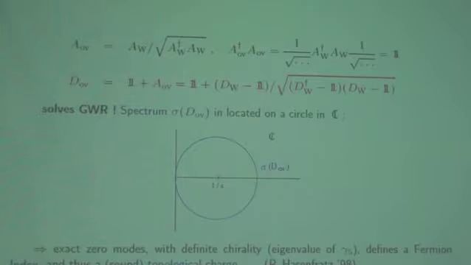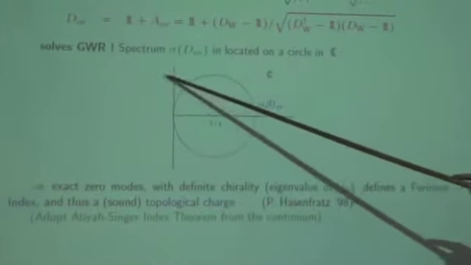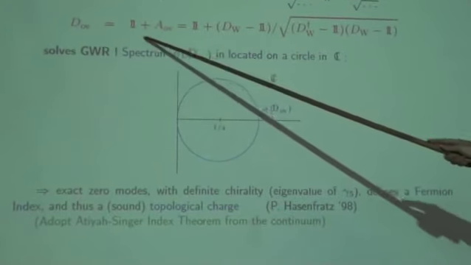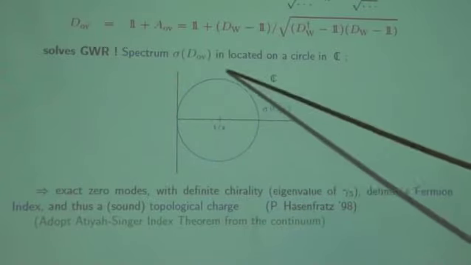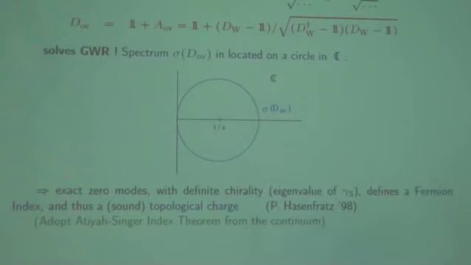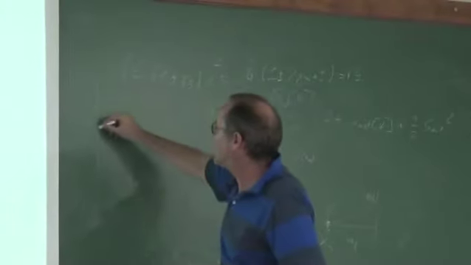And the spectrum of A, since it is unitary, is located on the unit circle here, and then we do the shift +1, or +1 over A. If you write the lattice spacing, then it is on such a circle in the complex plane. In the continuum, the spectrum will be on the imaginary axis, and now with this regularization it is on such a circle.